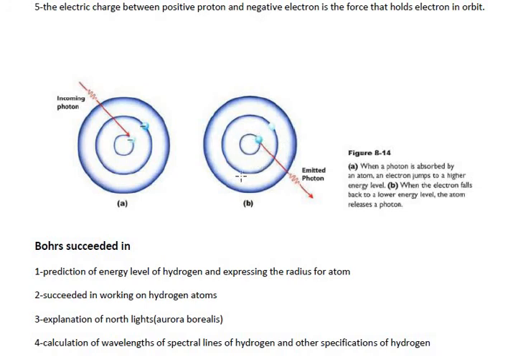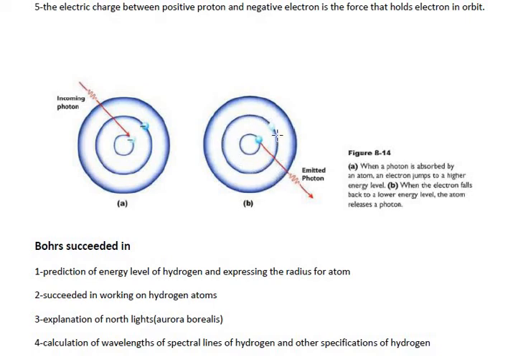Bohr named those states. For example, the first state, with the smallest radius, is called the Bohr radius. It is the state in an atom with the smallest radius. And this state, which an electron jumps to when it gains energy, when it absorbs a photon, is called the excited state.